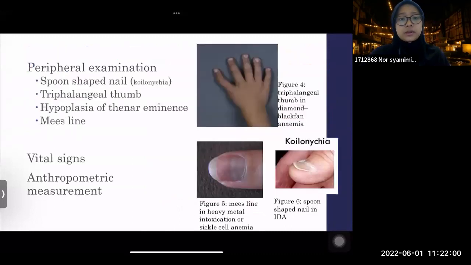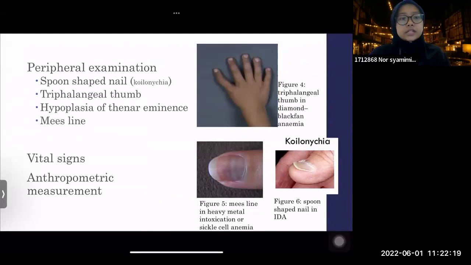marrow aplasia. Okay. And then on peripheral examination, we look at koilonychia, spoon-shaped nails, which is a manifestation of IDA, or triphalangeal thumb. Triphalangeal thumb is where the thumb has 3 phalanges, which is a manifestation of Diamond-Blackfan anemia.